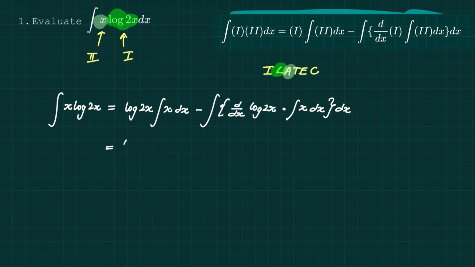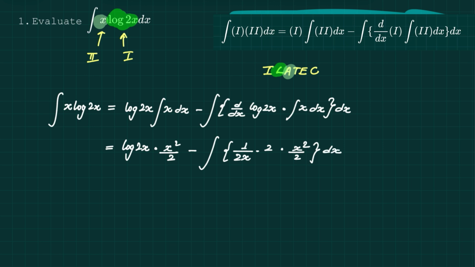So this equals log of 2x into integration of x, which is x square over 2, minus integration of the derivative of log of 2x, which is 1 by 2x, and due to chain rule d/dx of 2x is 2, into integration of x, which is again x square by 2 here, curly bracket close, and dx.